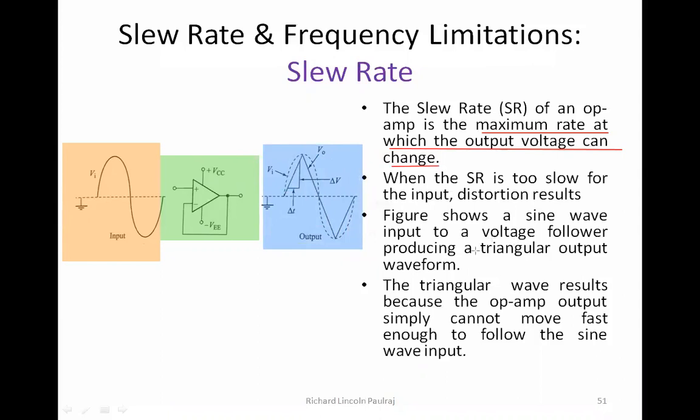We will now concentrate on what kind of output we are going to get. As you can see here, you're not getting a sine wave, but you are actually getting a triangular wave, a sawtooth wave. It is not a smooth curve. You can see that it's taking some time to reach from this lower point to the upper point.